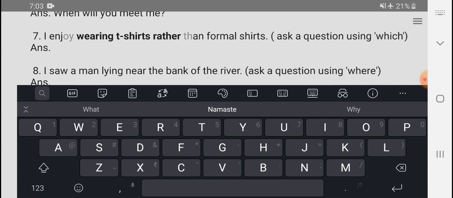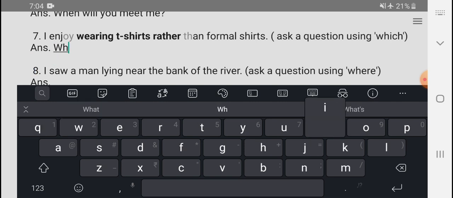Example number 7, you can see I enjoy wearing t-shirts rather than formal shirts. Ask a question using which. So I can write which one do you enjoy wearing?